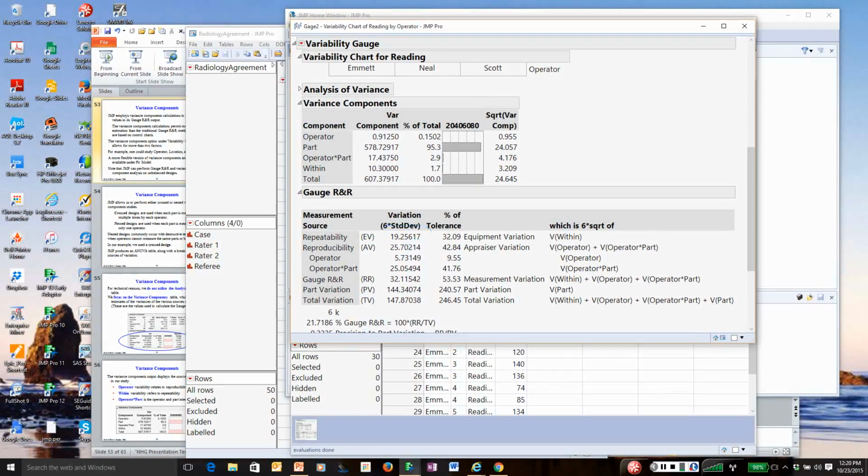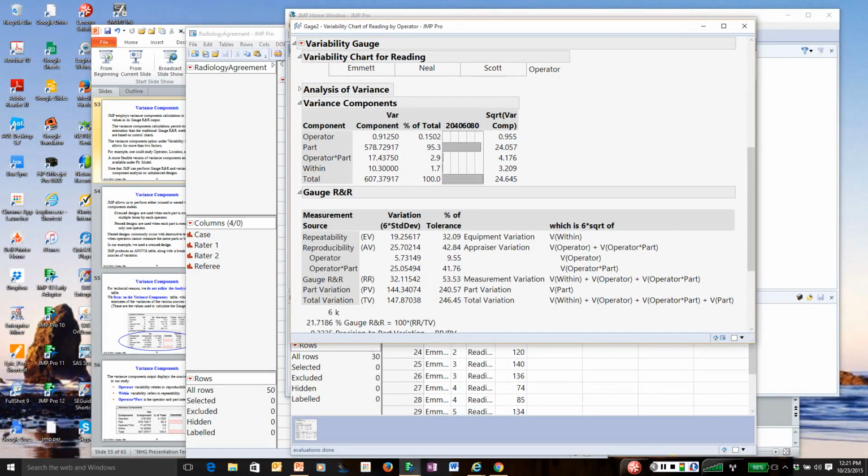Well, the standard deviation, in other words, the typical repeatability variation in a single measurement, is about 3.2 thousandths. Multiply it by 6 and you get what is often called the study variation. Similarly, for reproducibility, you'd take the total of the operator and operator by part variation, multiply it by 6, and so forth.